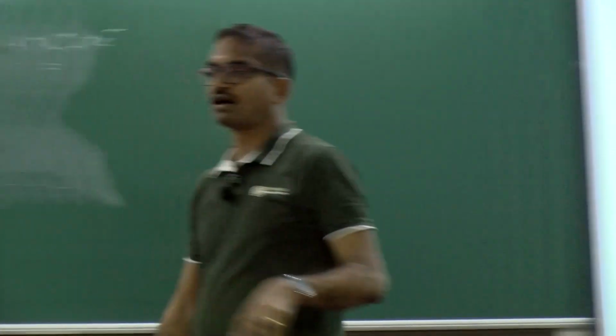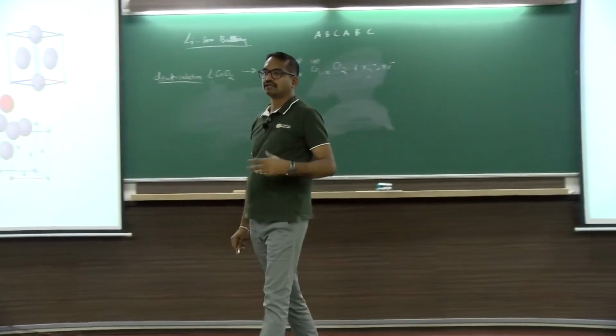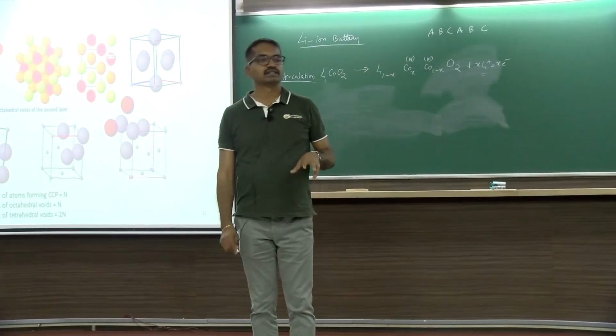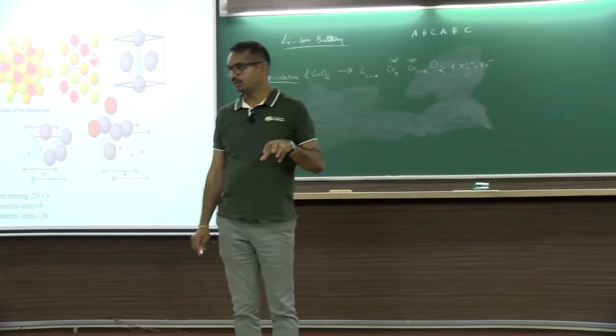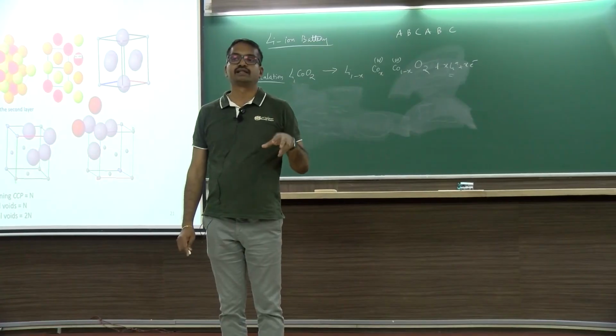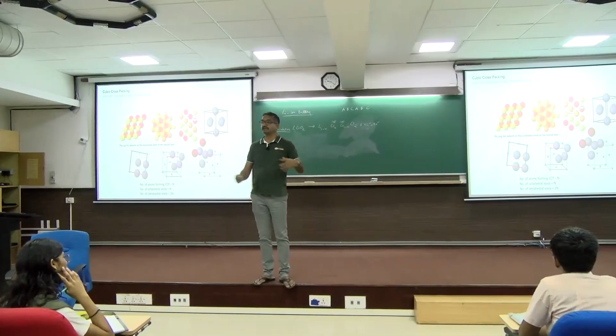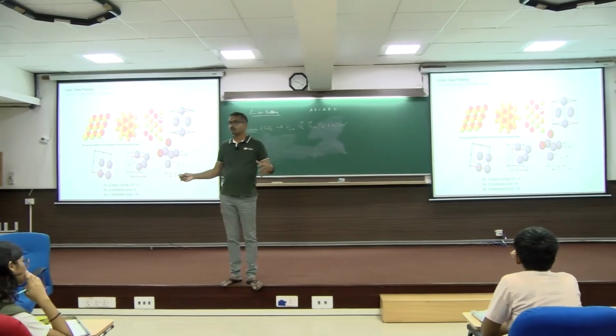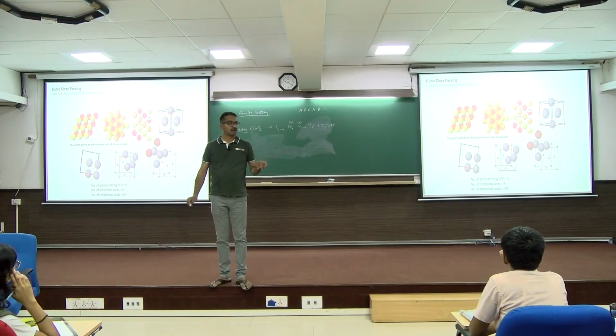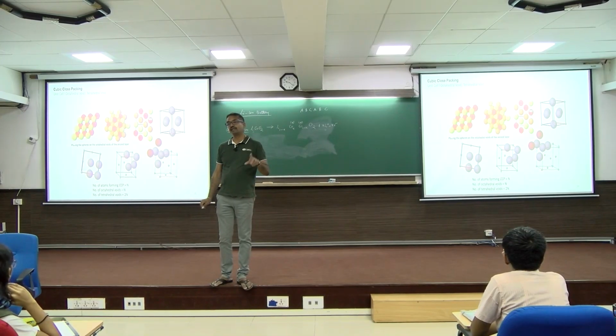You have atoms in the corner, you have atoms in the face. There are 6 faces, so there are 6 atoms in the faces of a cube, and there are 8 atoms in the corners of the cube. Since I told you this lattice is repeating in space indefinitely, the atom in the corner will be touching how many unit cells?